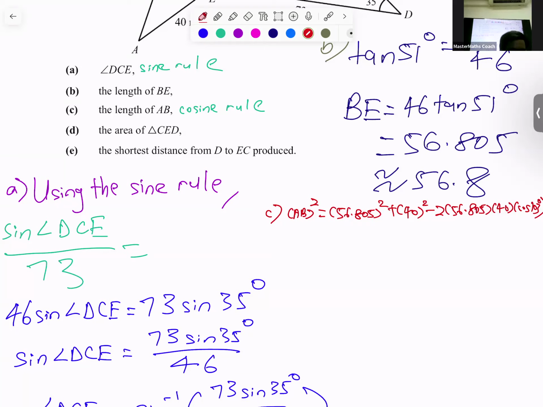Okay now, guys. After that, you go and work it out. Key this whole thing into your calculator.